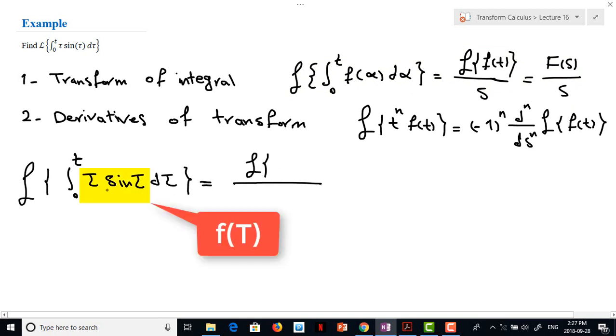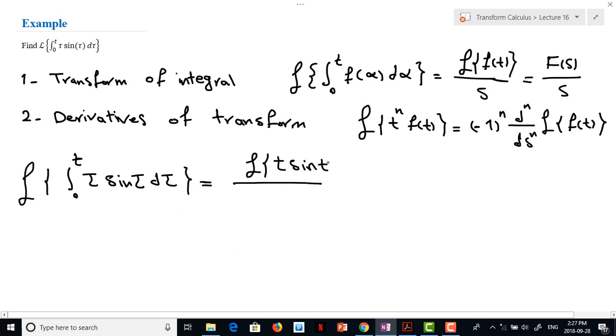We have f(tau) is tau sine tau. Here we have to find the Laplace transform of f(t), but tau times sine tau is f(tau). So now that I have f(tau), I can find f(t). f(t) is equal to t times sine t.